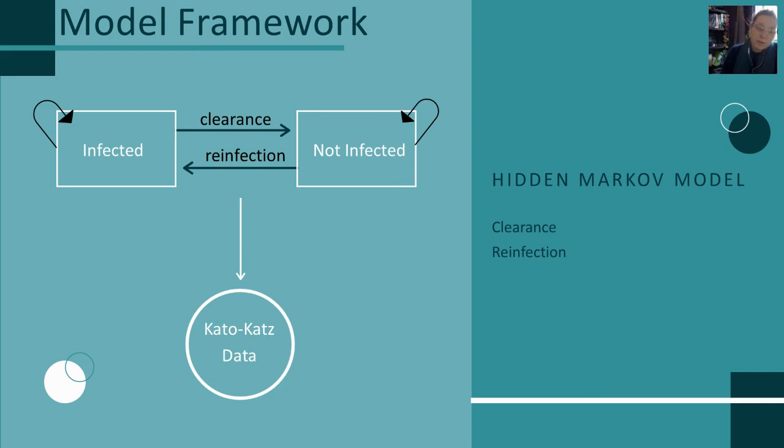And because we fit this with a Bayesian framework, we have our data likelihood. Basically an individual can stay infected, or they can stay not infected, or they can switch between these classes, obviously indicating clearance or reinfection. And it's these probabilities that we're interested in.